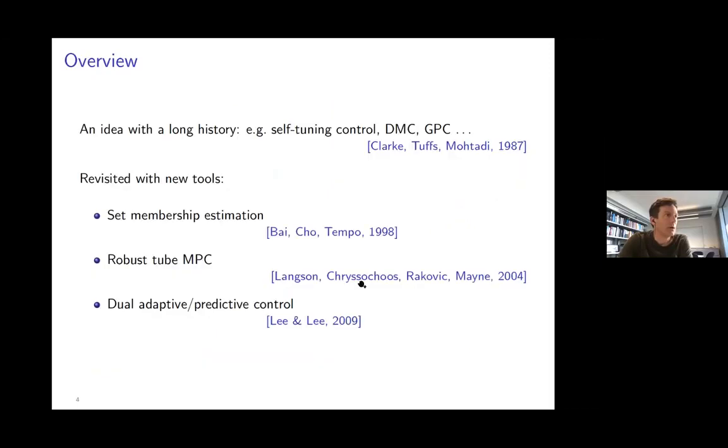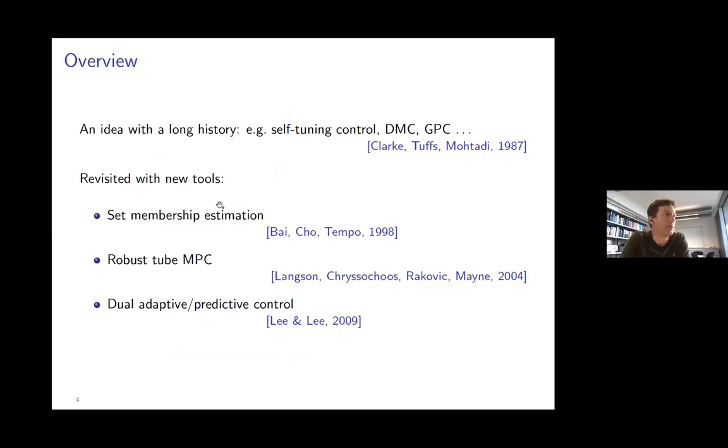So in this talk, I want to discuss some recent developments in adaptive control in this predictive control framework. This is an idea that has a very long history. So some of the earliest industrial implementations of predictive control, like GPC, for example, were really motivated by the ability for these algorithms to be self-tuning.